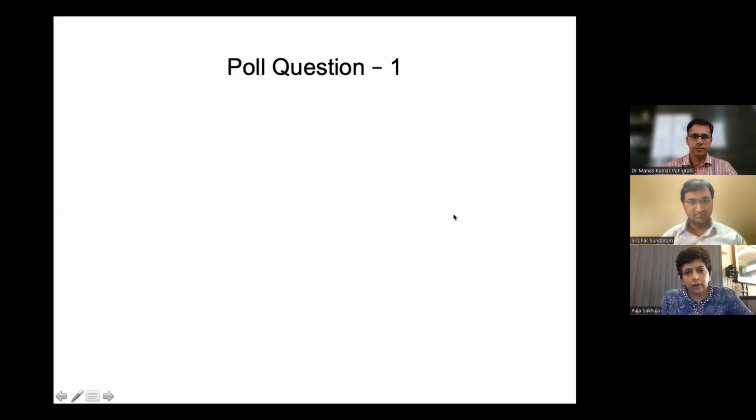Okay, so I think we've got a fair number of results now. So most of you have said 1 in 5, but actually the correct answer is 1 in 10. So the minimum adequate volume for fixative per unit of tissue is 1 in 10. So when you're sending your biopsy, if you send it in those old penicillin vials or sometimes in those urine culture type of bottles, usually there is enough fixative, so it's not a problem.